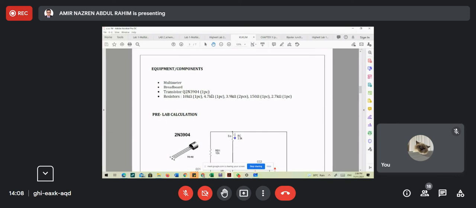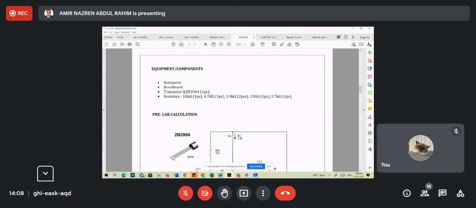What are the components involved? We have a multimeter and a transistor. We do not use the 1N914, that is only for a diode. Here we will use NPN. We have two types, NPN and PNP.